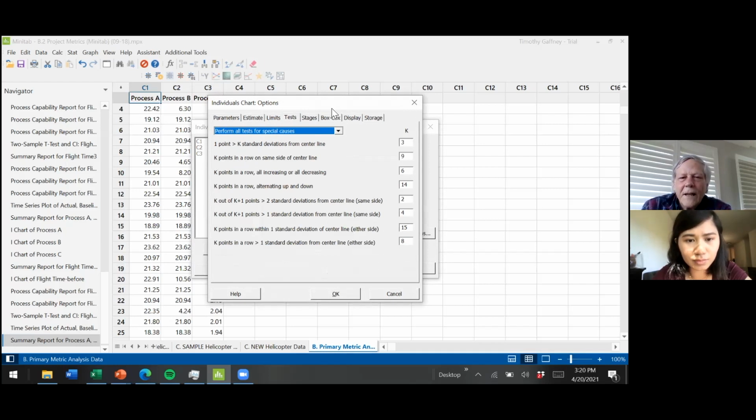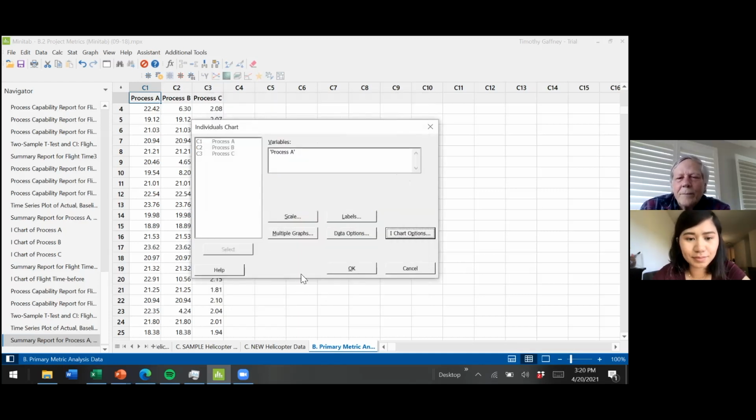It starts out with perform selected tests, where it might just do one test, or you can pick which tests it does. But what we always do for Agile Sigma is we always pick all tests. These are all the ways in which there can be variable behavior that's not intrinsic to the process.